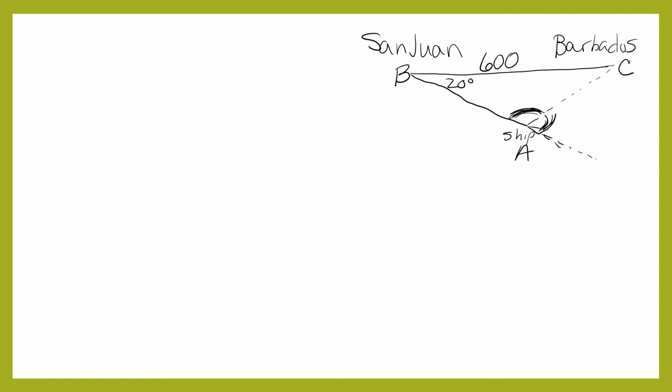Now, one thing that I can find is the distance from San Juan to where the ship is, because I know that the ship was traveling 15 knots for 10 hours, so that's going to be a distance of 150 nautical miles, so I will add that to my diagram.